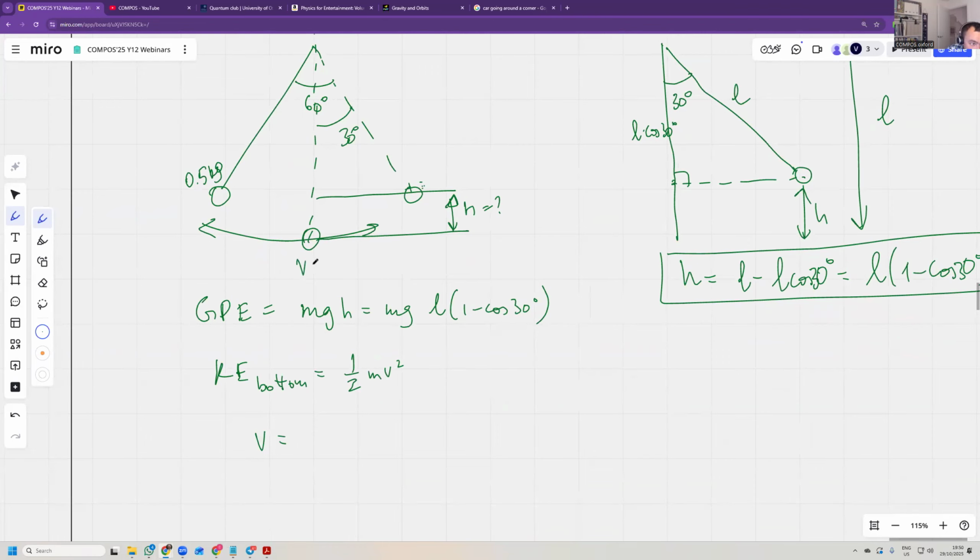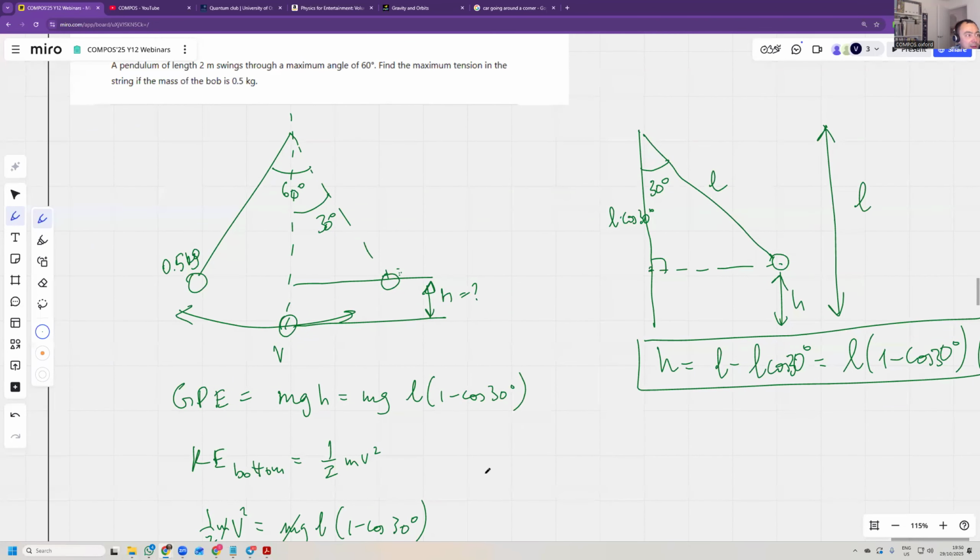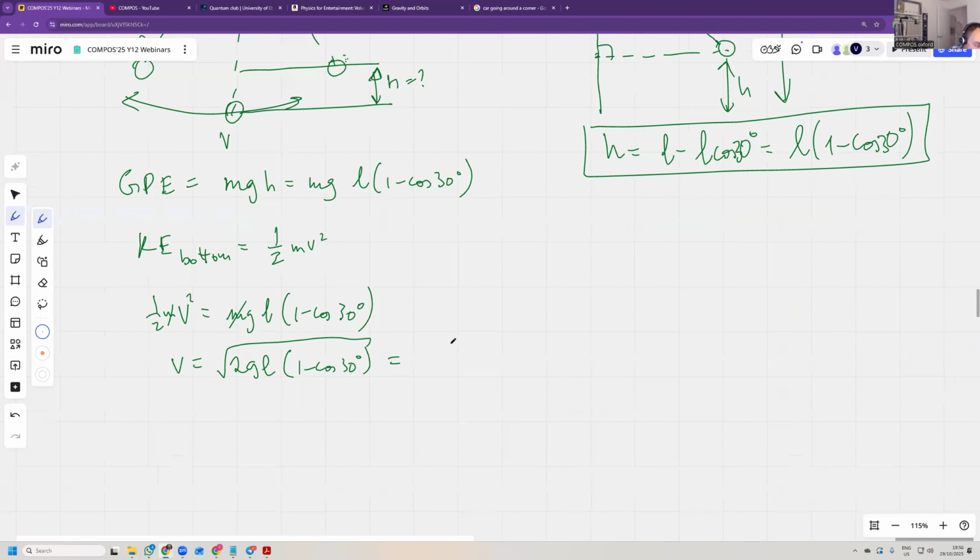Speed at the bottom: 1/2 mv squared is mgL(1 minus cos 30 degrees). M cancels. V is equal to the square root of 2gL(1 minus cos 30 degrees). Do we know the length? Yes, the length is 2 meters.